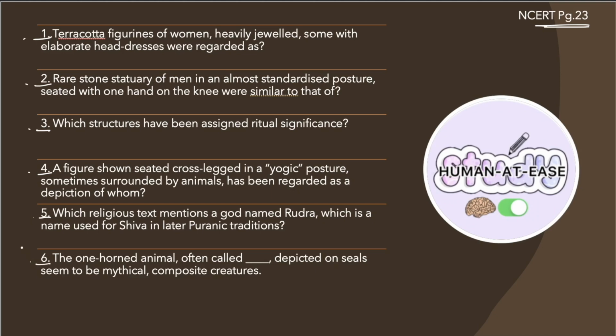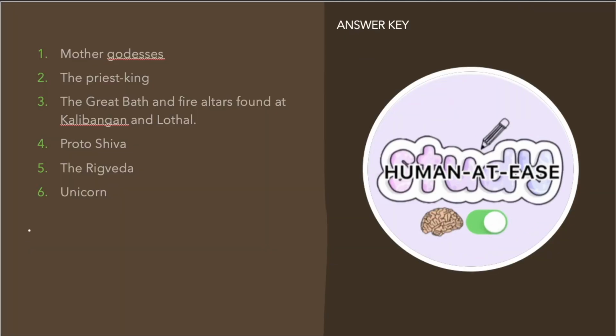Question number 6. The one-horned animal, often called unicorn, depicted on seals, seems to be a mythical composite creature. Fill in the blank.